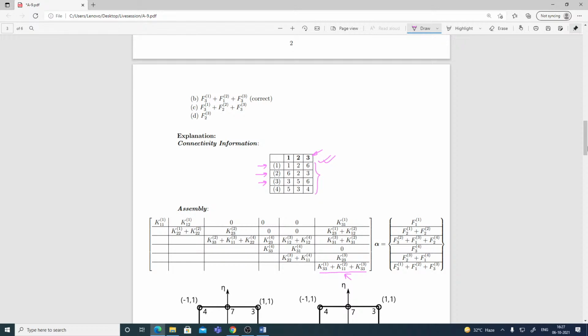It will be contributed by K33 of element 1, as you can see from here, the local number is 3. Then K11 in element 2, and the last one is K33 of element 3. So that is how it is appearing.